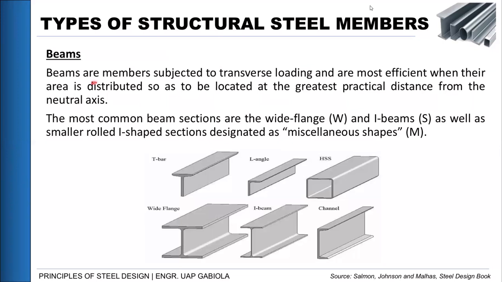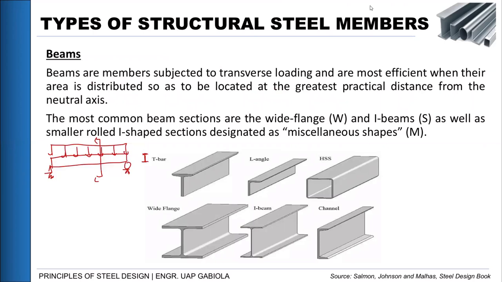It is stated here that it is subjected to transverse loading because when we have a beam, for example a simply supported beam, with a distributed load applied on it, when we cut the section you can see that the cross-section has a loading transverse to its main axis.